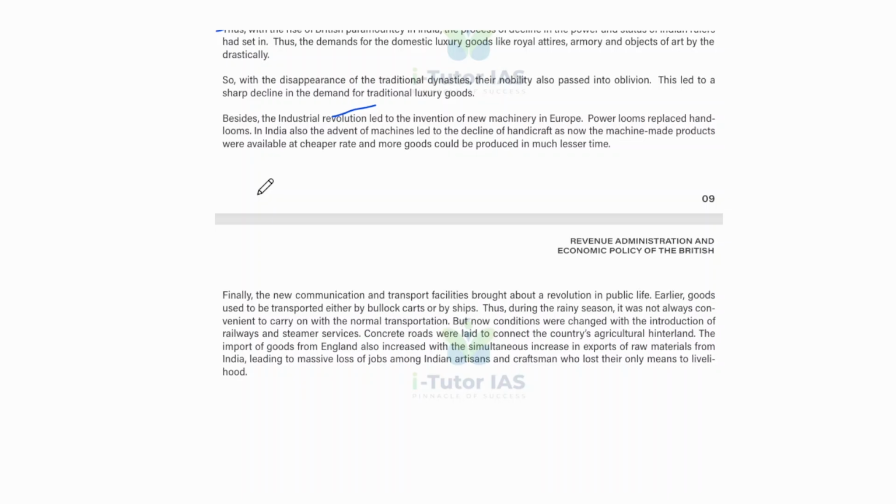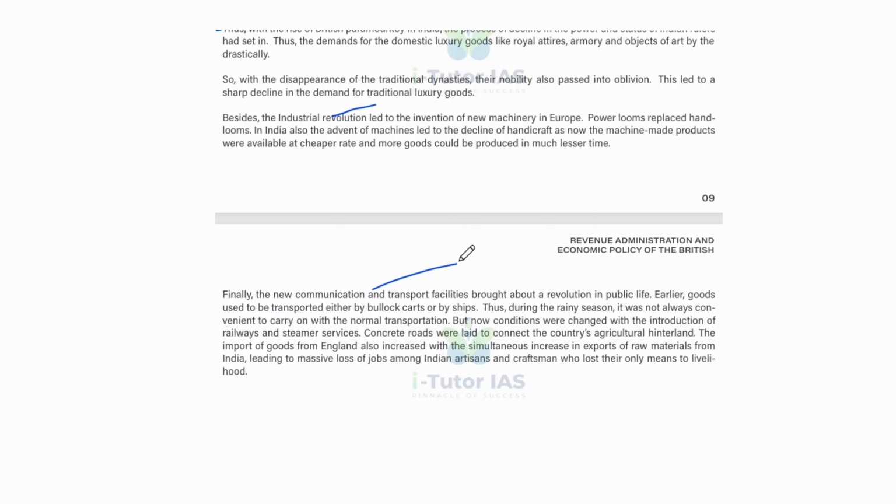Okay, finally, the new communication and transport facilities brought about a revolution in public life. Earlier, goods used to be transported either by bullock cart or by ships. Thus, during the rainy season, it was not always convenient to carry on normal transportation, but now conditions changed with the introduction of railways.